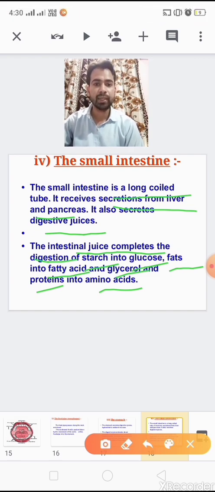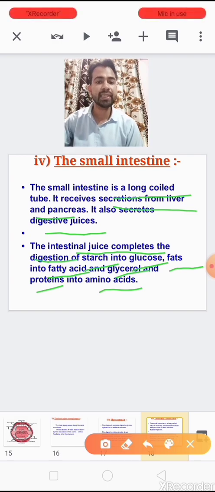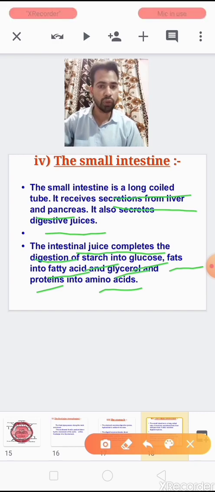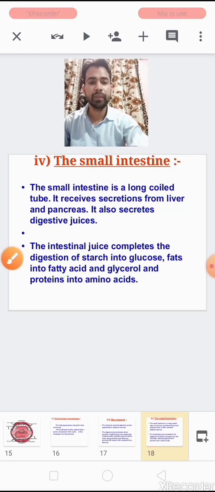The small intestine is a long coiled tube that has the intestinal juices. Here 90% of digestion is completed. The intestinal juices complete the digestion of starch into glucose, fats into fatty acids and glycerol, and third, proteins into amino acids. Okay, clear about this?